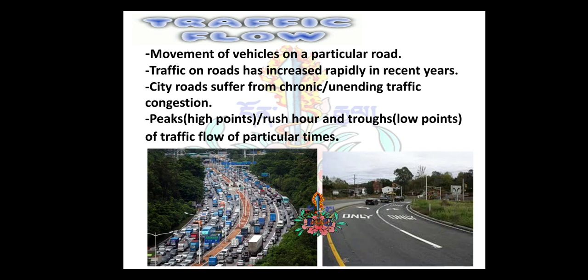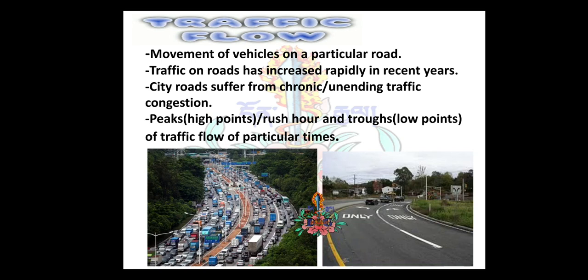On the left side of the photograph, a road has many vehicles on it, and if you look at the right side, the road is almost empty. Looking at the image itself, we can say the left side has more traffic. Traffic generally means movement of vehicles.